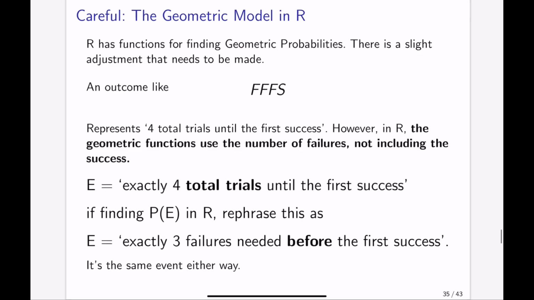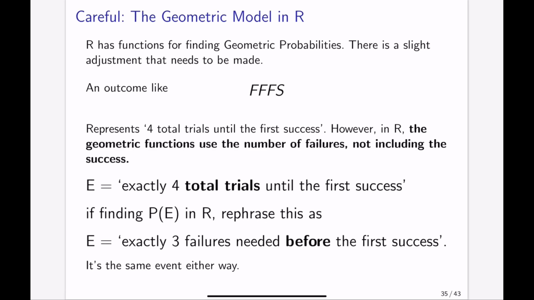So we're going to use R to find these slightly more complicated at least or at most probabilities. And using R, we have to look at a problem in a slightly different way than the total number of outcomes. For example, if we were talking about needing 4 total trials in order to see our first success, we would call this event X equaling 4, where X is the total number of trials.